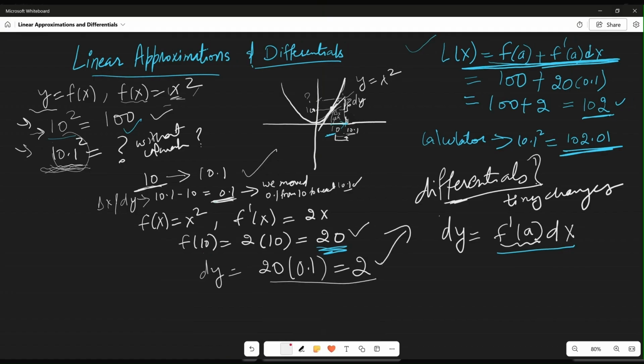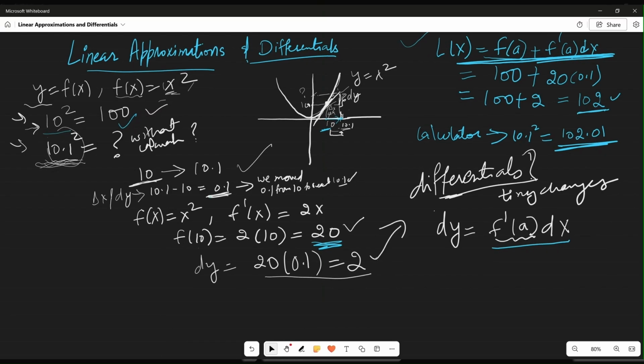Based off the textbook, you can see these two equations. The first is the linearization L of x, which is simply f of a plus the derivative of f of a times x minus a, which is simply the change from where we already are to where we would like to reach, right?